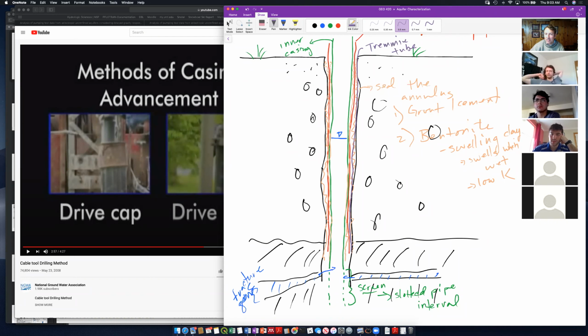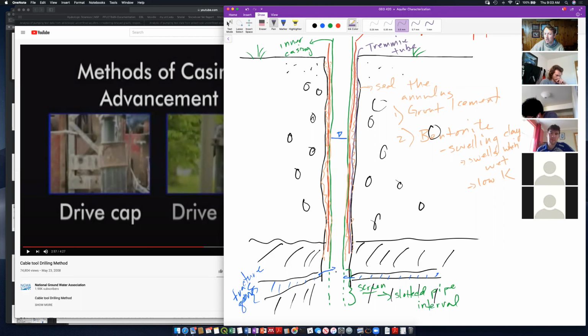There are other methods to fill this, and one is to stop drilling. So drill down to our bedrock interface, fill this entire well hole with grout or cement, and then let that set overnight, and then re-drill.